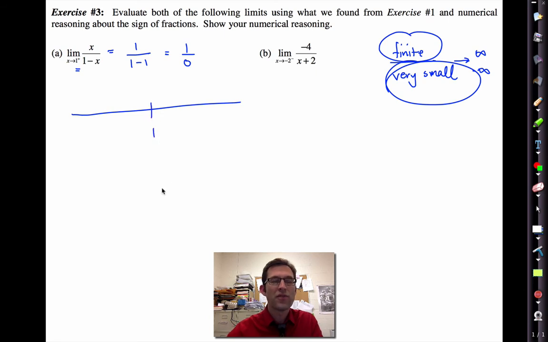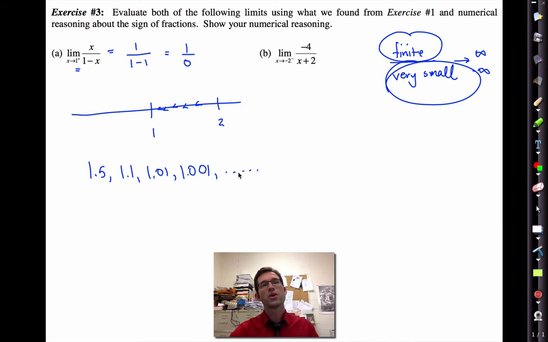So I want you to think about this, right? We're approaching 1 from the right, which means we're going through numbers like 1.5, then 1.1, then 1.01, then 1.001, etc. So it's going to boil down to this simple question: does the denominator approach 0 from the left, or does it approach it from the right?